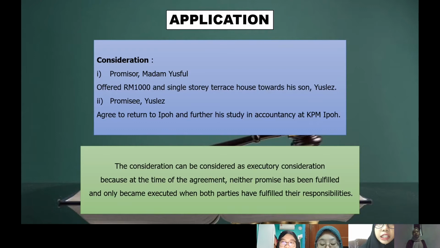So the consideration can be considered as executory consideration because at the time of the agreement, neither promise has been fulfilled, and it only becomes executed when both parties have fulfilled their responsibilities.